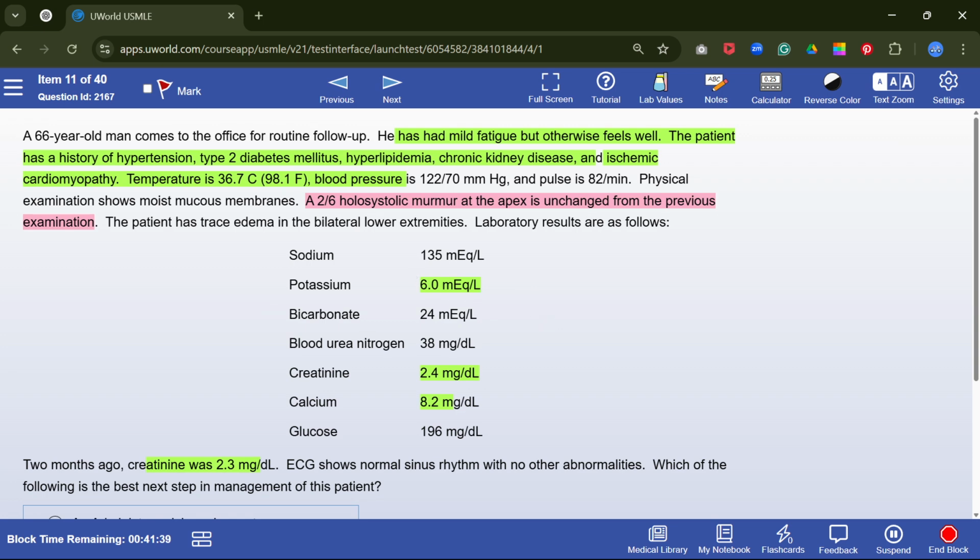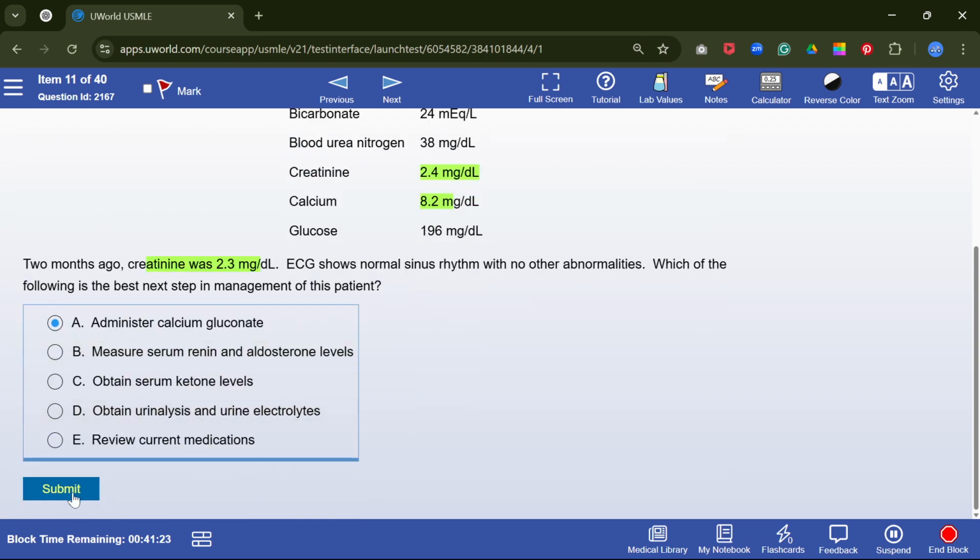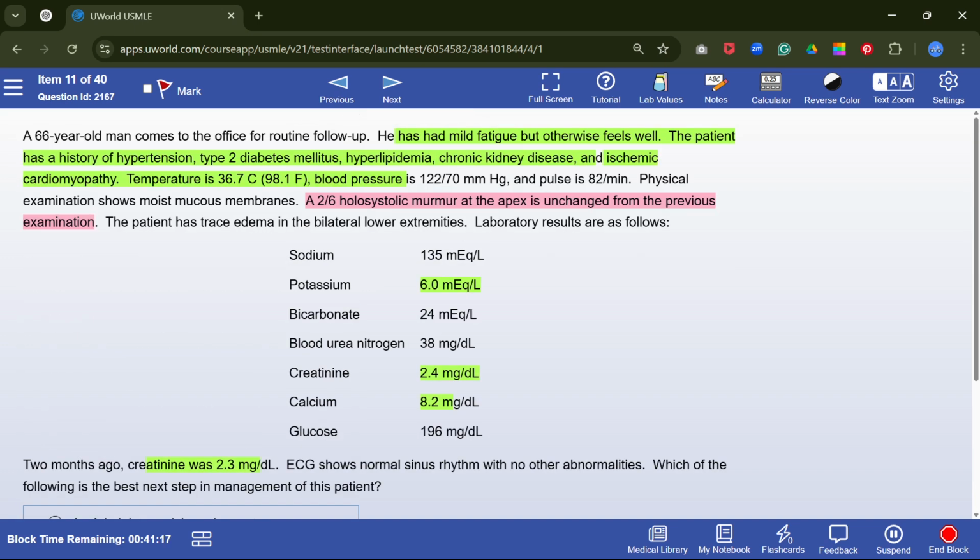Sodium is borderline, like 135, not that low. Creatinine is higher. Maybe he has CKD, that's why creatinine is higher. Hypocalcemia goes with the CKD, but why hyperkalemia? Glucose, he has diabetes.